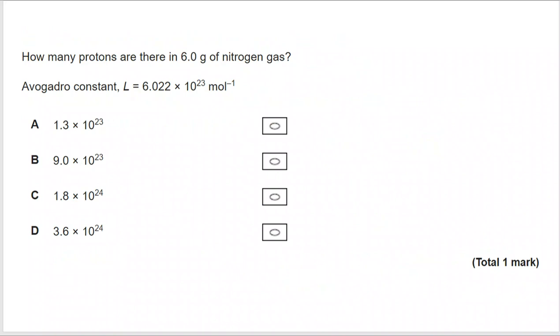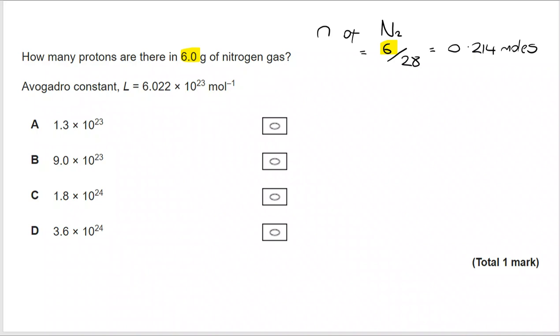Next question, have a go at this one. Relatively straightforward on here. We've been given a mass of nitrogen, and if you've got the mass, you can always find the MR. You've got to remember that nitrogen is diatomic. So 6 divided by 28 gives me 0.214 moles of nitrogen.